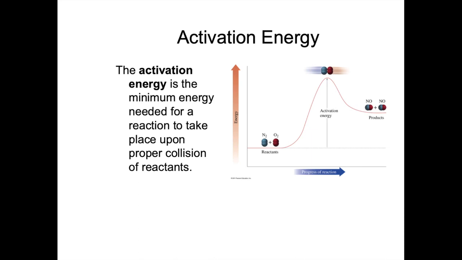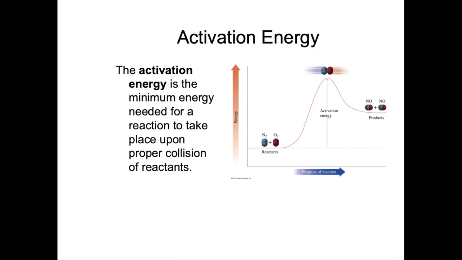So let's look in a little more detail at what governs the rate of reaction, the speed of a reaction happening. One of the things we've got to look at is what's known as activation energy. This is tied in to that necessary energy for a successful collision.